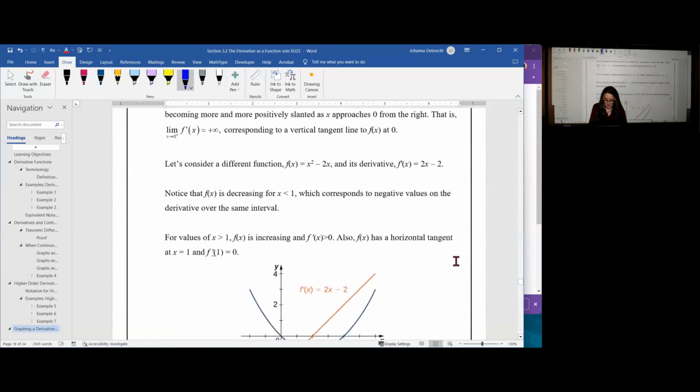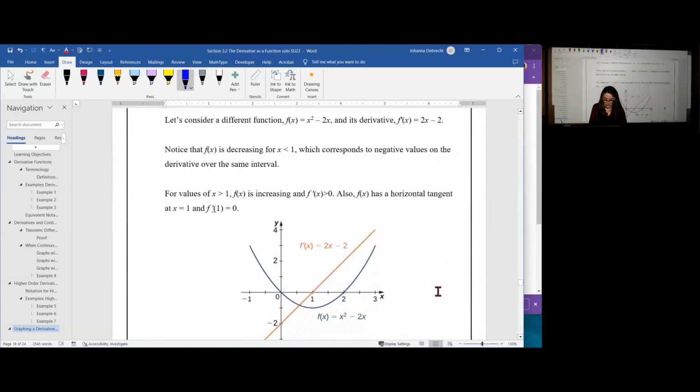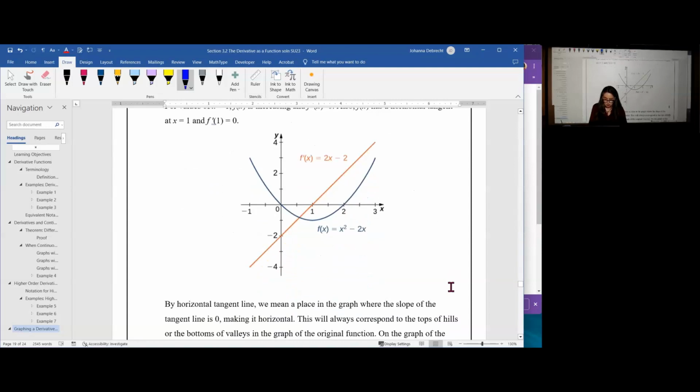Let's now compare that to the graph of x squared minus 2x and its derivative 2x minus 2. Notice in this particular graph that the derivative, the line in orange, has an x-intercept at 1. What is happening in the graph of the original function, x squared minus 2x, at 1?